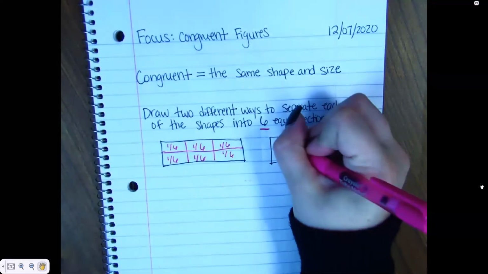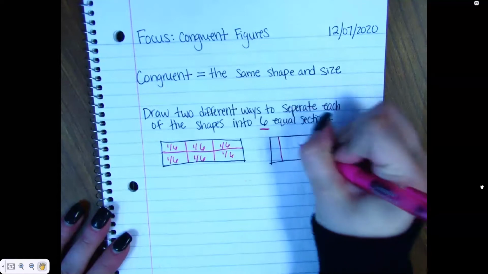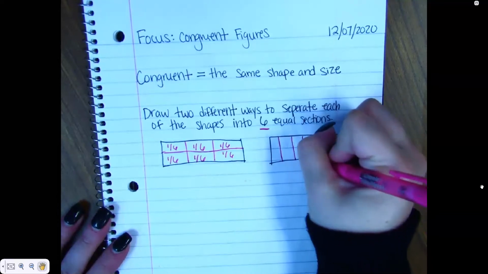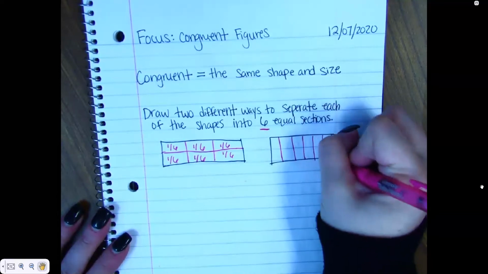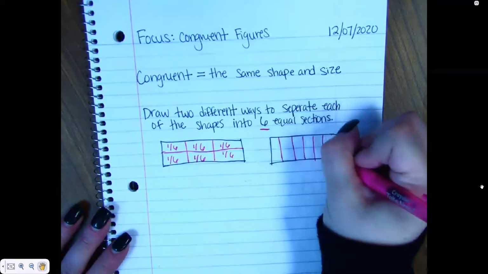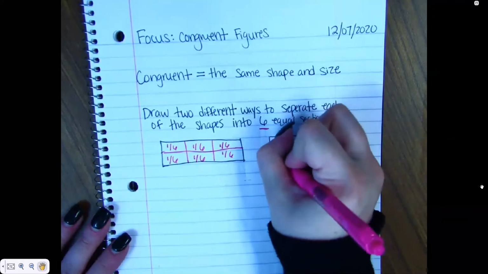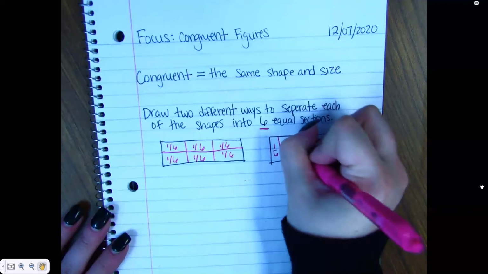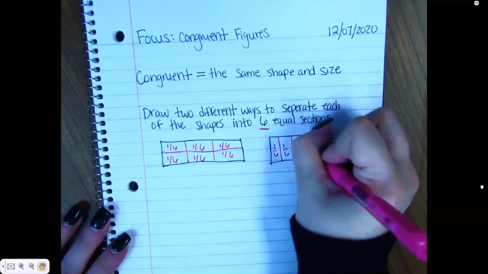I like the way Tony did it. So he did it this way. 1, 2, 3, 4, 5, 6. So you could also do it this way.